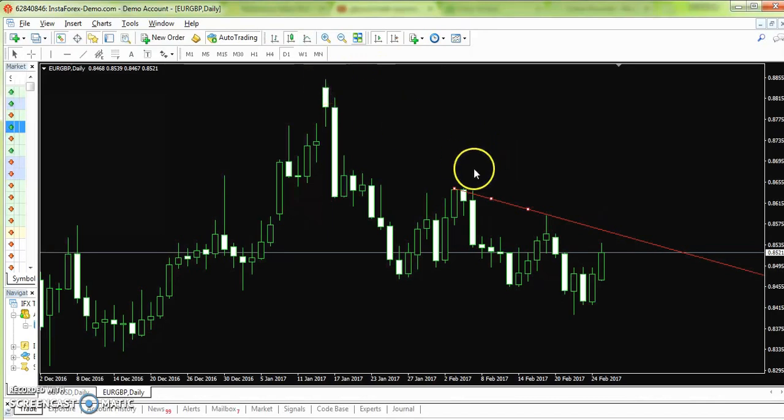But for taking entries, I don't rely only on this, because I don't presume that this would be the final point, right? It may breach these levels, but I just trade what the major participants, the big institutions and big individual traders, do, right?